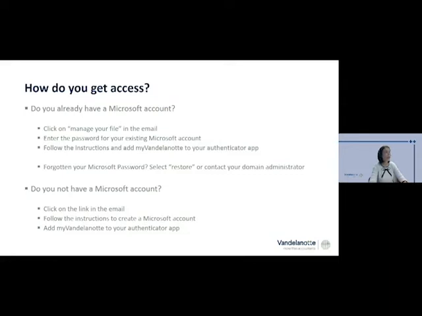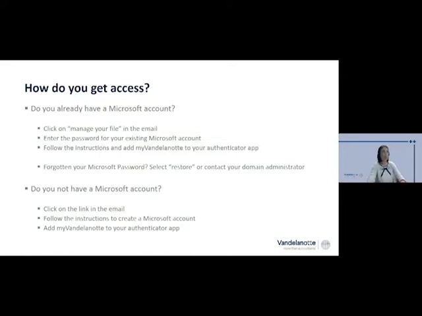If you already have a Microsoft account, then you can click on the button Manage Your File in our email. You need to enter the password for your existing Microsoft account, not our myVandelanotte or former myVandelanotte user ID and password, but your Microsoft account ID and password.